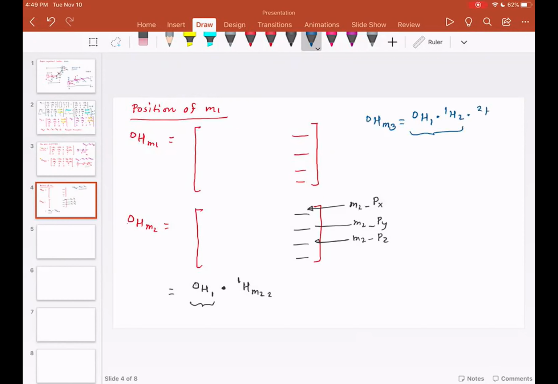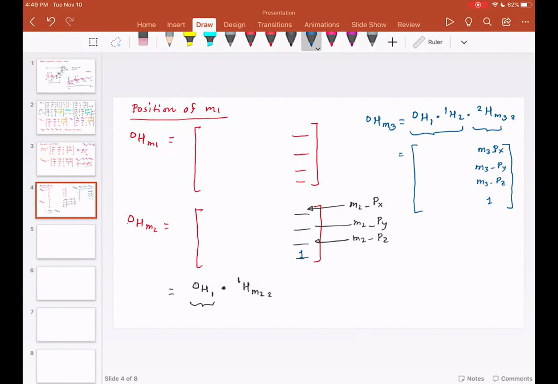And then you will have 2HM3. Once you have this matrix, the last column is going to be M3_PX, M3_PY, M3_PZ, and clearly you are going to have 1 over here. Everyone understood this?